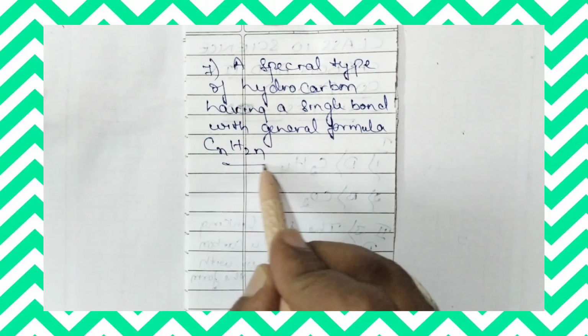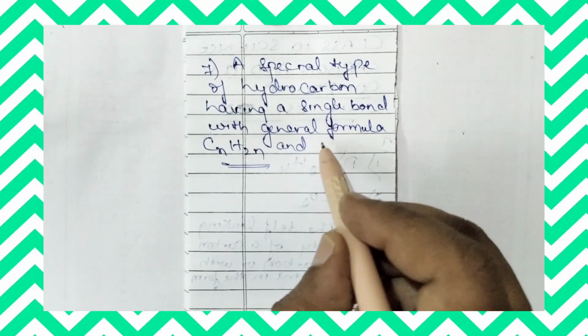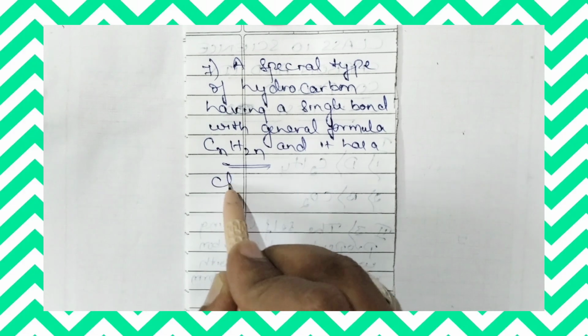This is called cycloalkane, and it has a closed chain.